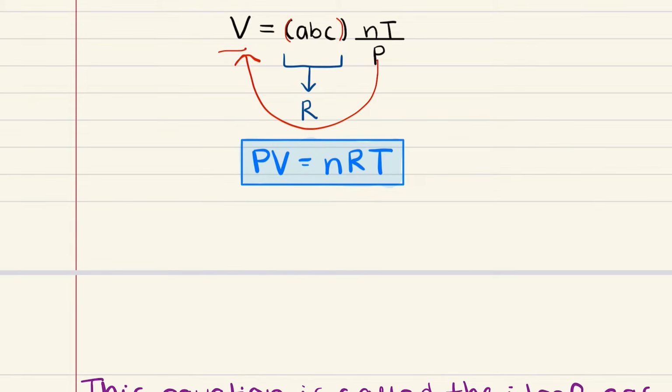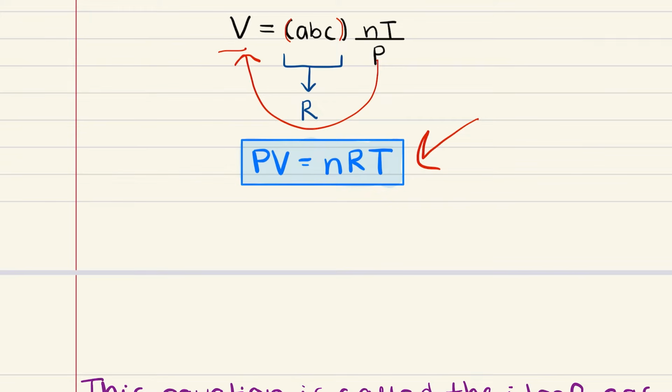A particular state of a gas then is described by its pressure, its volume, its temperature, and the number of moles. And again, knowledge of any three of these properties is enough to completely define the state of a gas, since the fourth property can be determined from the equation for the ideal gas law.